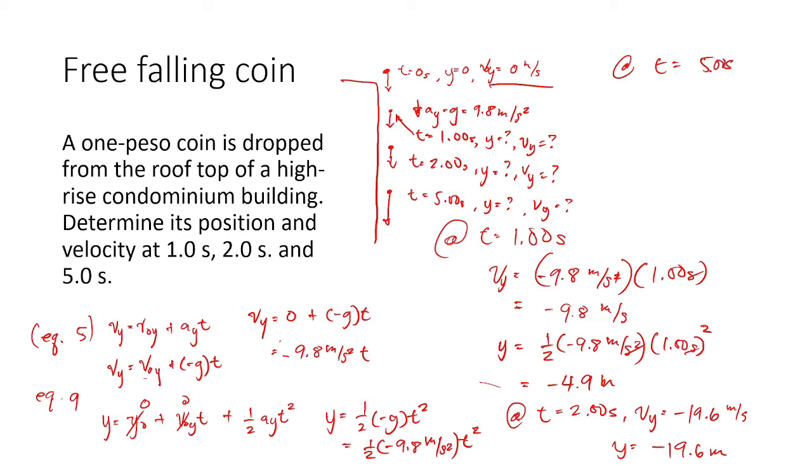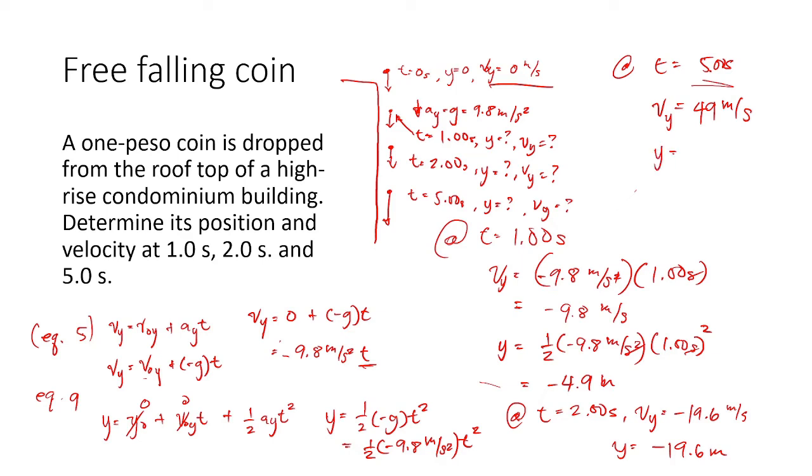And lastly, for kapag our time is 5 seconds, 5.00 seconds. Ganun lang ulit yung gagawin natin. We just need to substitute 5 into this time. So we'll have negative 9.8 multiplied to 5. So our velocity will actually be 49 meters per second.